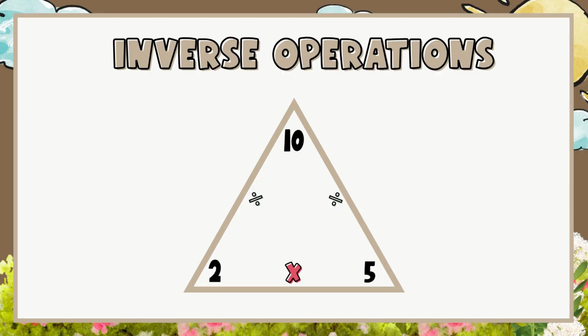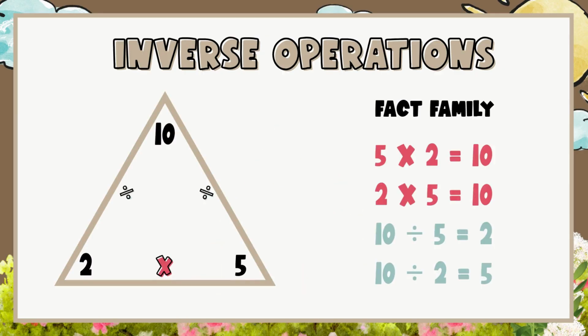There's a relationship between all of these numbers. And this is what our fact family would look like. So if you're really good at multiplication, if you work backwards, you'll be able to solve your division equations.